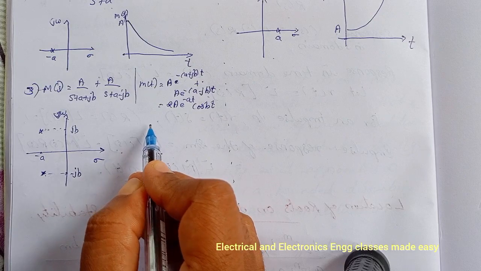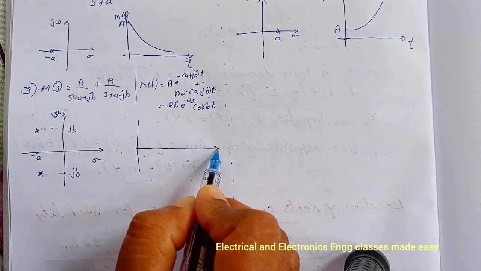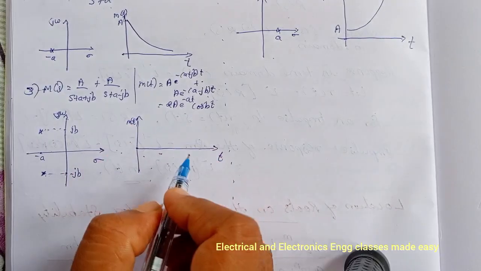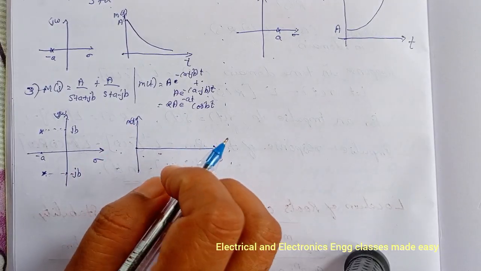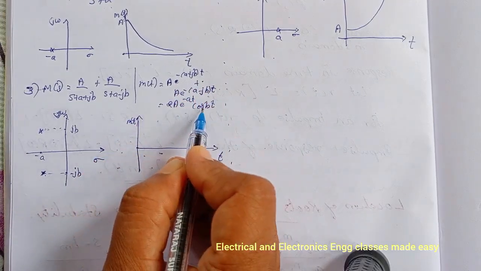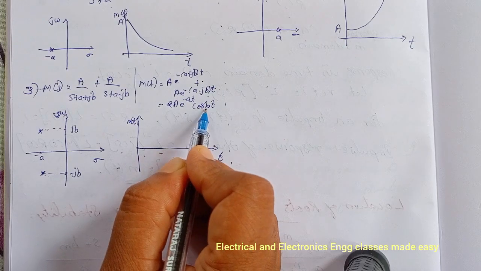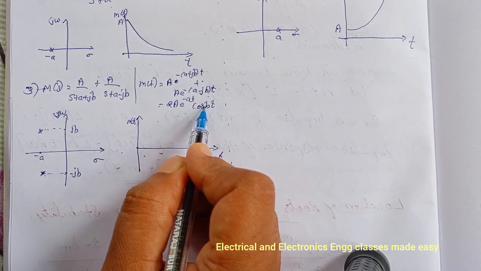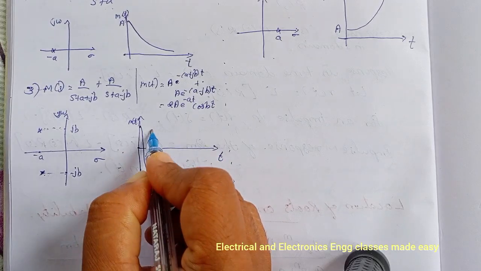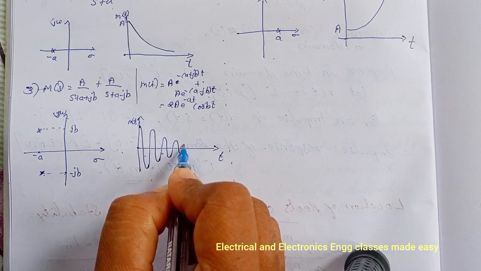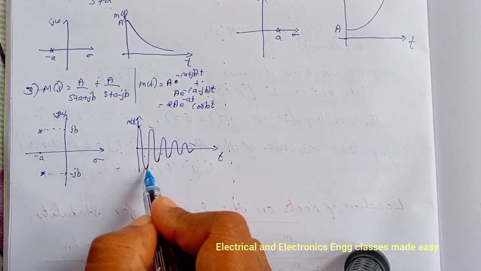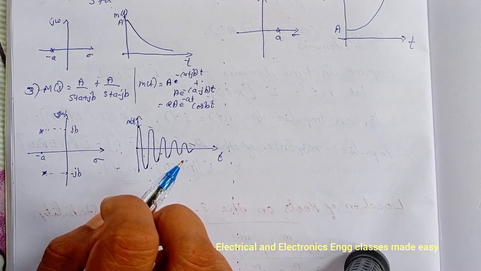And the response is, this is t, m of t. The response is damped sinusoidal, that is damped oscillatory, and cos bt we can write as sin bt plus 90. So the response is like this, that is, the response is damped sinusoidal.